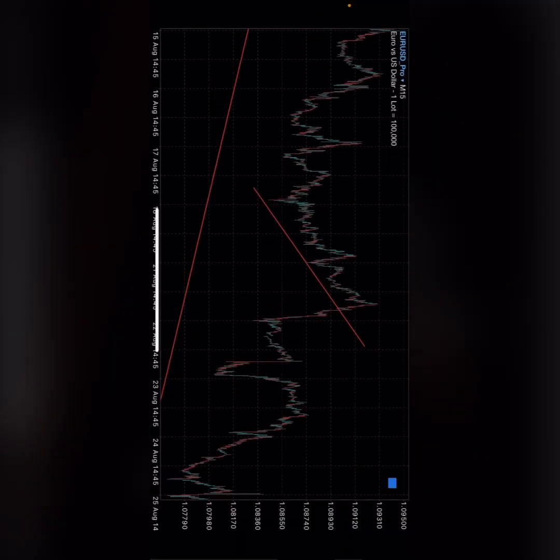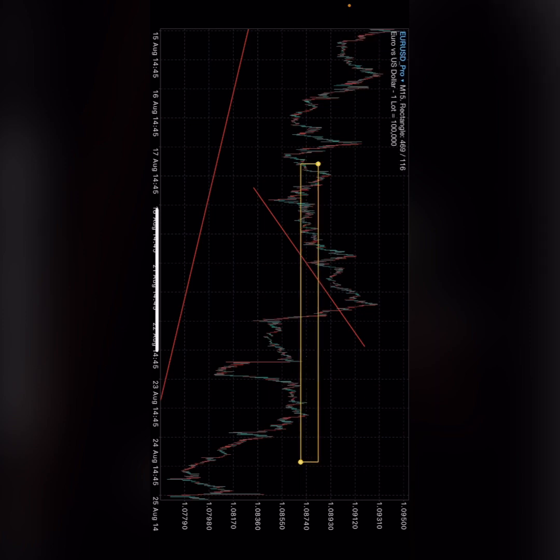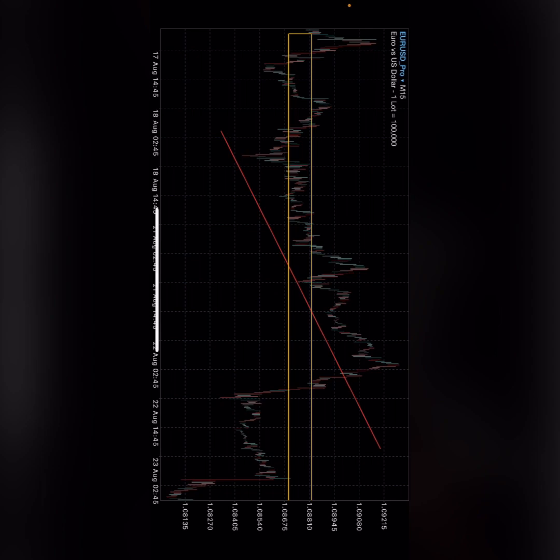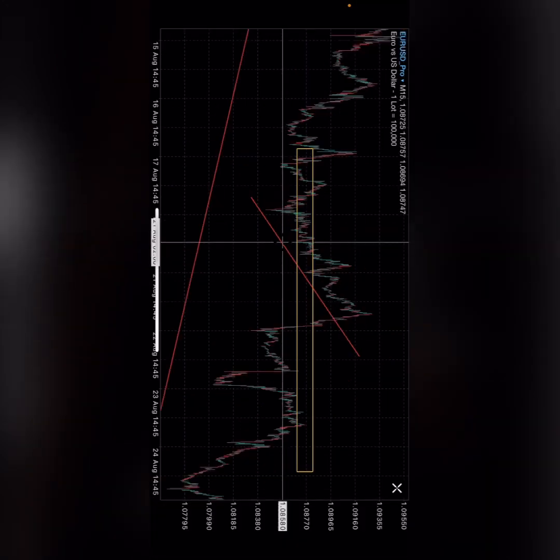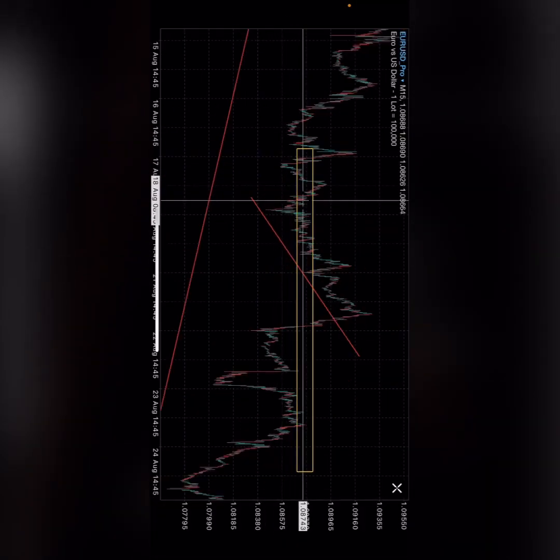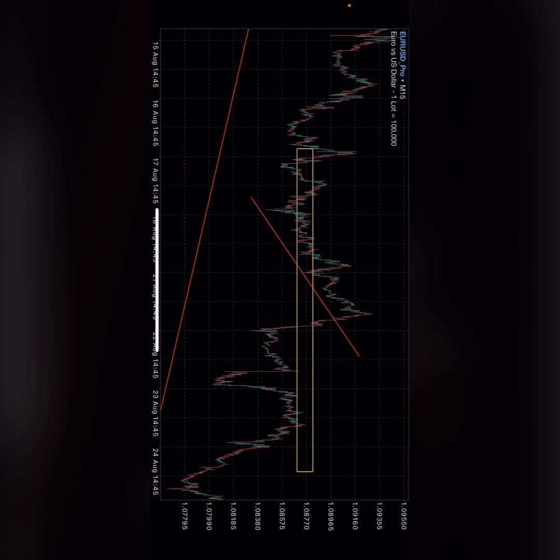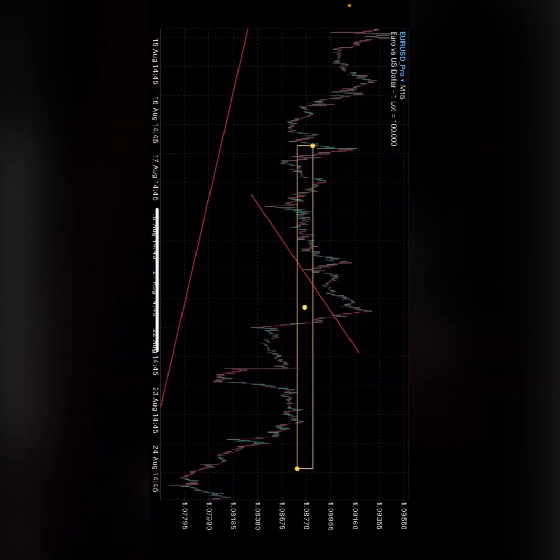So here, which major area can we see? From here, we can see one here. This is one here. We know that whenever price got here, it reverses. Let's draw it well.